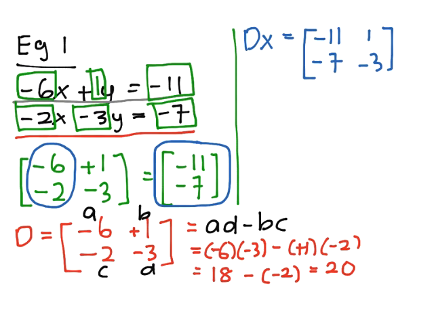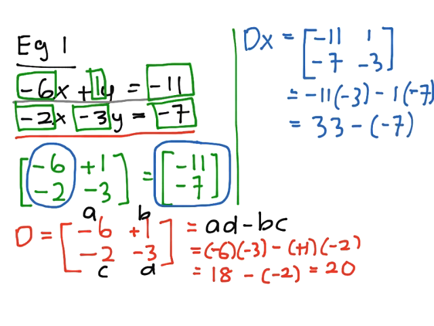A is -11, B is 1, C is -7, D is -3. So AD minus BC is -11 multiplied by -3 minus 1 multiplied by -7. -11 multiplied by -3 is 33, minus 1 multiplied by -7, which is 33 minus -7, we will have 40. That is for dx.